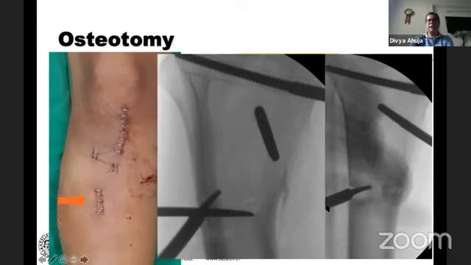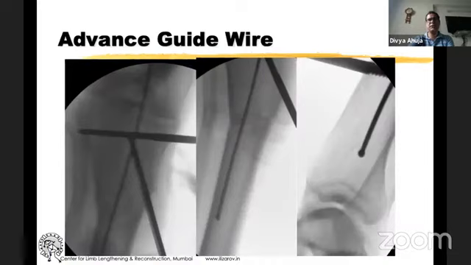And then just that lateral cortex was removed. No big wedges taken out, just that lateral cortex was removed, and the rest of it was just closed with force to compress the portion. Then the guide wire was advanced.